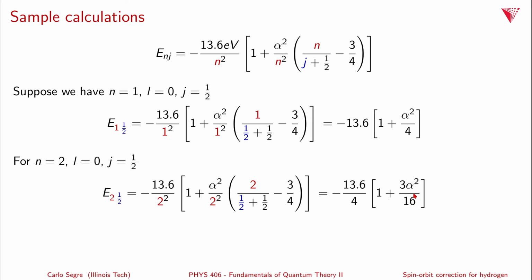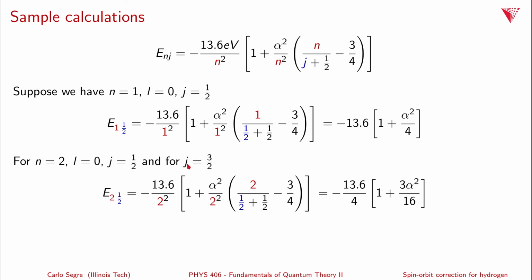So you can see that this is 1/4, and this is 3/16, which is less than 1/4. So this is corrected a little bit less when n equals 2 than when n equals 1.